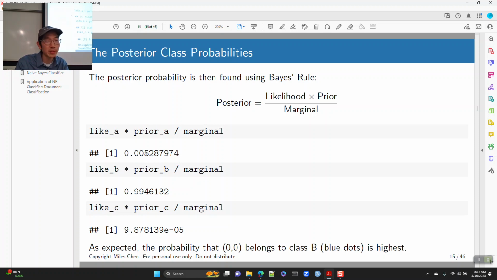We get a 0.005, so around 5/1000ths, about 1/2%, that it belongs to class A. 0.9946, so around 99.5% probability that it belongs to class B, and then something very close to 0, 9 times 10 to the negative 5, so I guess 1 in 10,000-ish that it belongs to class C, the green, okay?